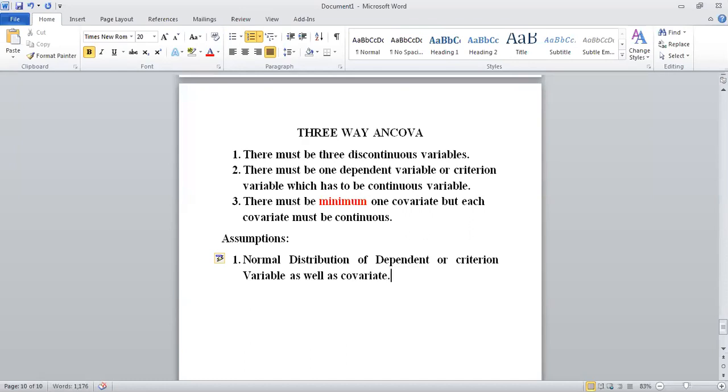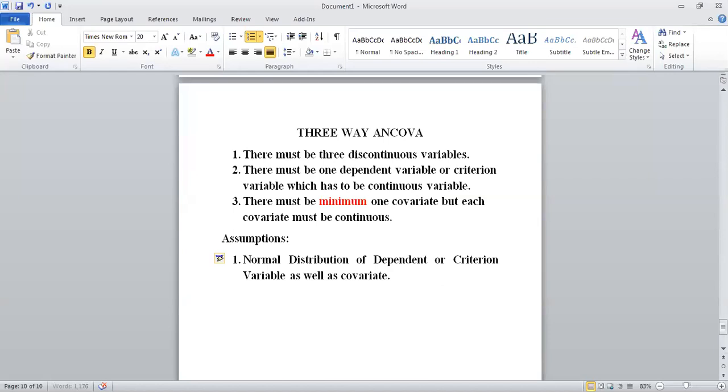So whatever the covariate you have, and whatever the dependent or criterion variable that you have, all these must have the normal distribution.